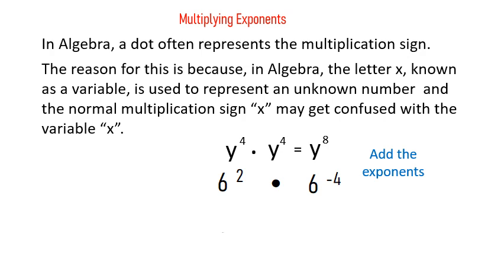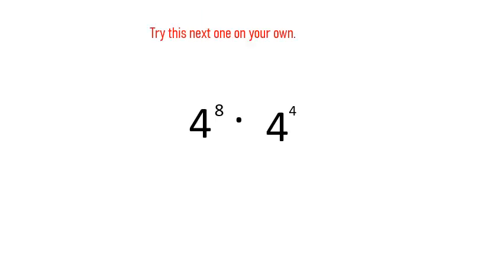The bases are the same, they are both 6, so we add the exponents, 2 plus negative 4, and we get 6 to the negative 2nd power. Try this next one on your own.